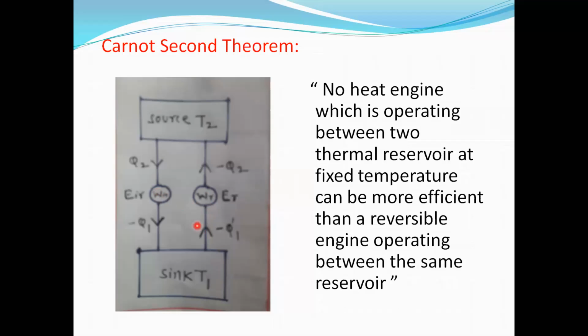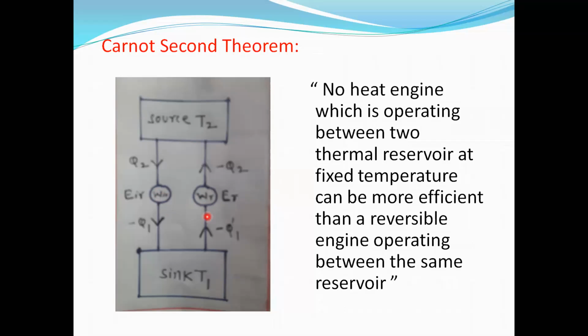Now, as we have assumed that the irreversible engine is more efficient than the reversible engine, which work is greater? कौन सा वर्क ज्यादा होगा? WR ग्रेटर होगा या WIR ग्रेटर होगा? Which work is greater, the work produced by the reversible engine or the work produced by the irreversible engine?